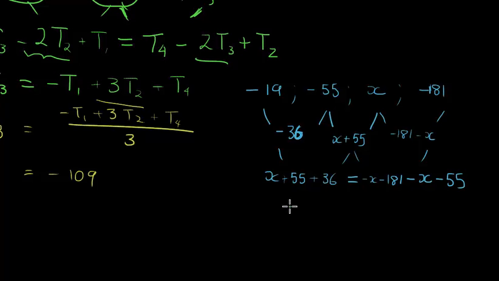So when it comes to this side, it's positive 3x, because there are now 3 positive x's, equal to, and on this side I've got my negative 181, negative 55 is negative 236, minus this one is negative 91, and then x is equal to negative 327 over 3.